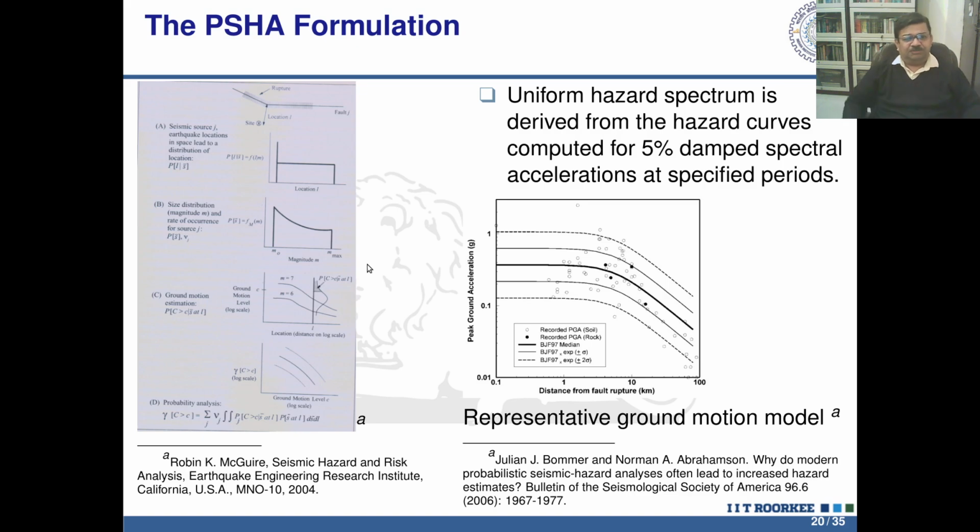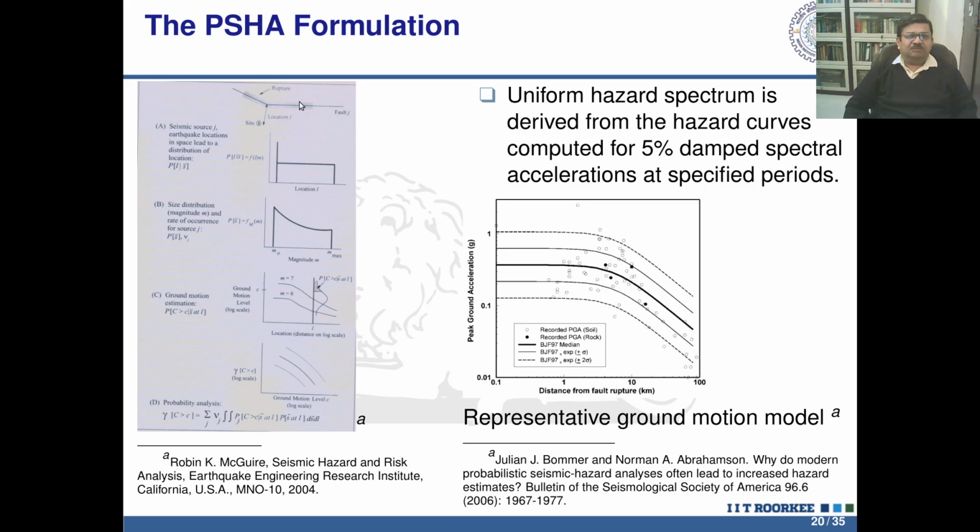So this is the broad idea of probabilistic seismic hazard assessment, starting with source zone characterization. Using the seismicity catalog, we find out how the earthquake magnitudes are distributed, and then for each magnitude-distance pair, what the ground motion prediction equation is, based on the available seismotectonic model and site conditions.